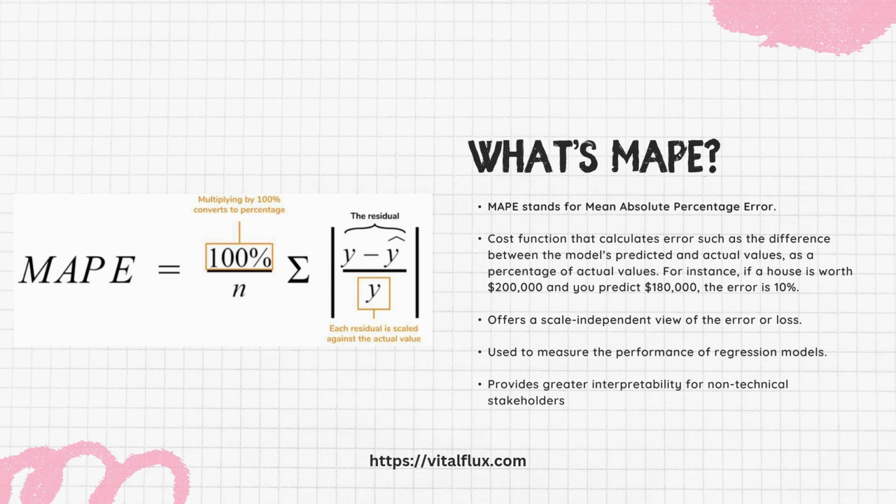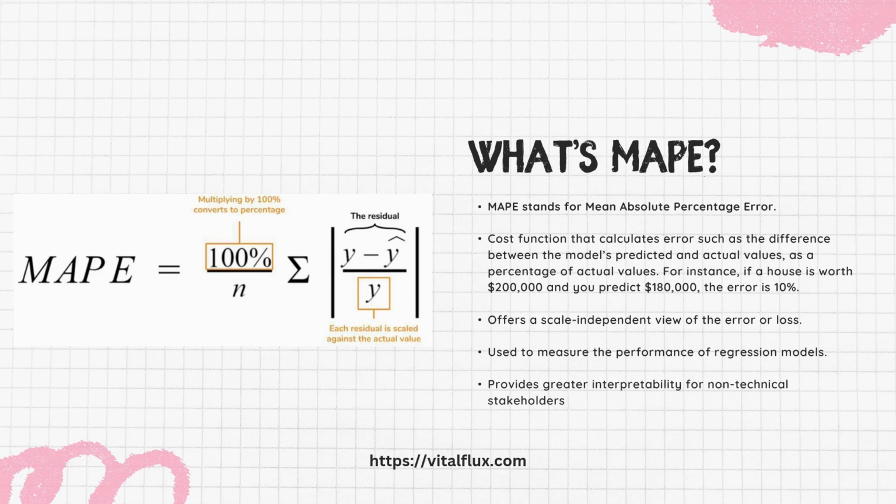MAPE stands for mean absolute percentage error. This is a cost function which calculates the error as the difference between the model predicted and the actual value as a percentage of the actual value.